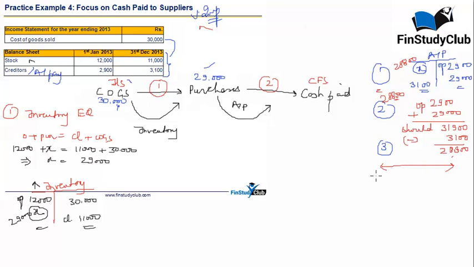equation for them as well, which is like your cash paid is equal to your purchases, which is equal to 29,000, as reduced by increase in your accounts payable.